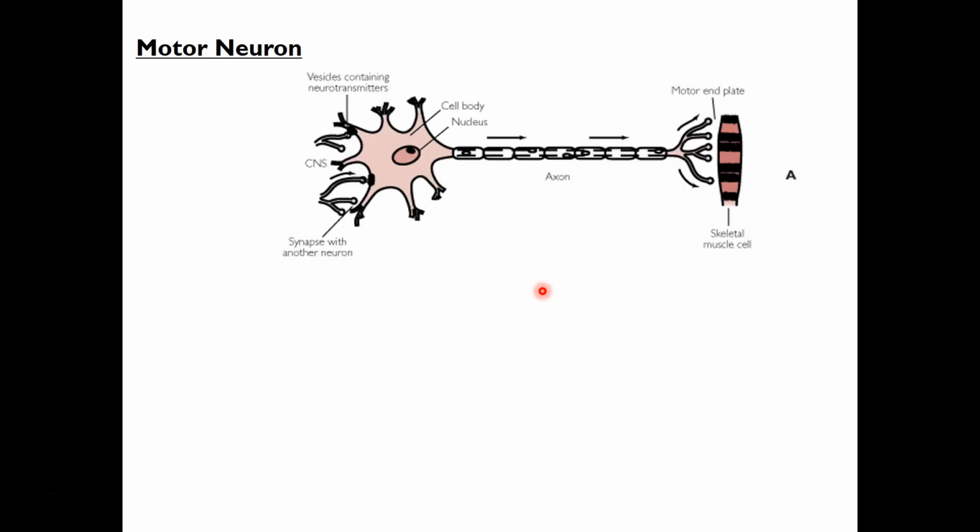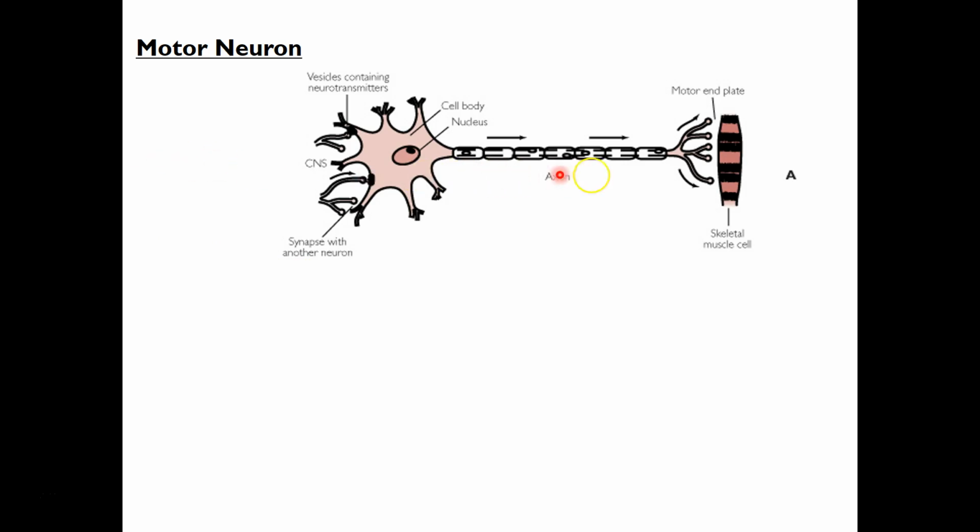So first, let's talk about motor neurons and just the general structure of motor neurons. And the only reason we're going through this is because you're going to be seeing these locations of motor neurons and sensory neurons as we go through these various diagrams, as well as the locations of synapses and the branches coming off of these.